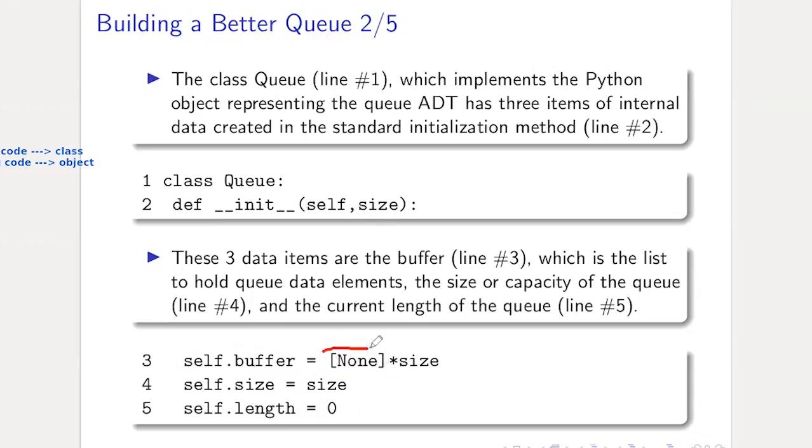Okay, so this is a buffer of a single element, and the type is none. So this is a basic element type.